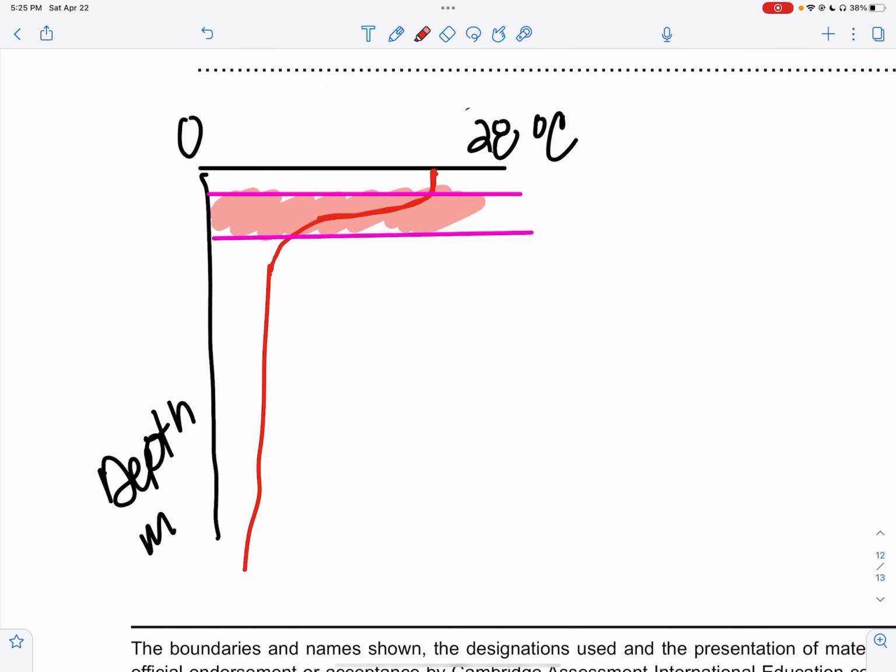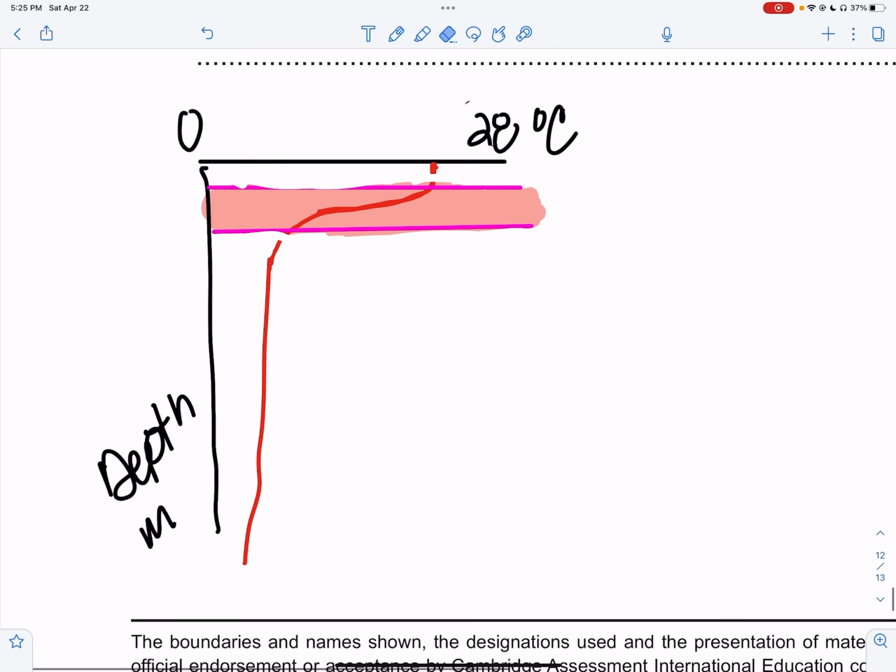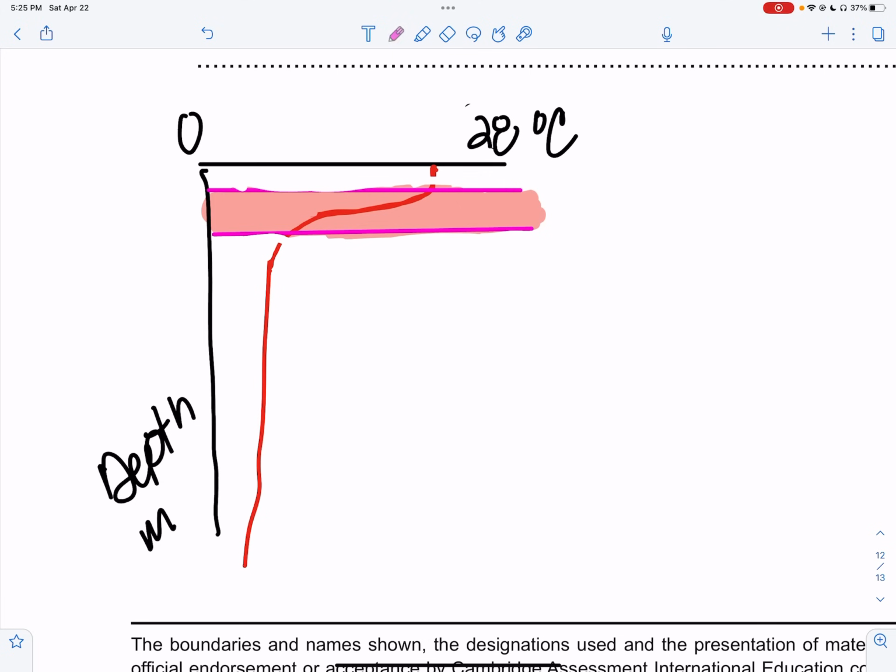This is the layer, the boundary, the column, or the area of water with the greatest change in temperature with depth, where those pink lines are. So in this area, you're going to have a very abrupt change in temperature. And then once you're done with that temperature change, you just have a slow fall towards the bottom.